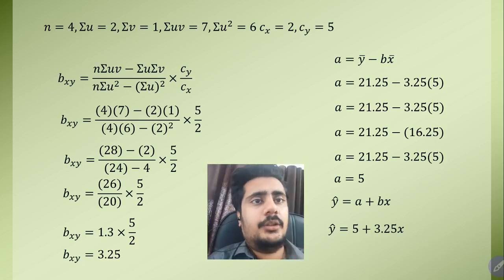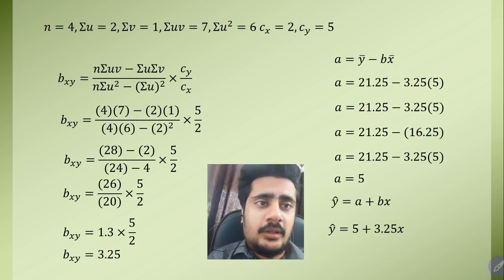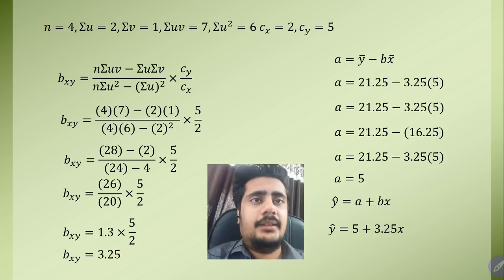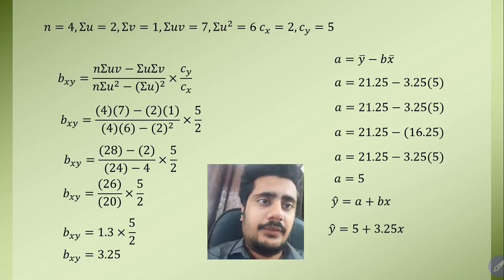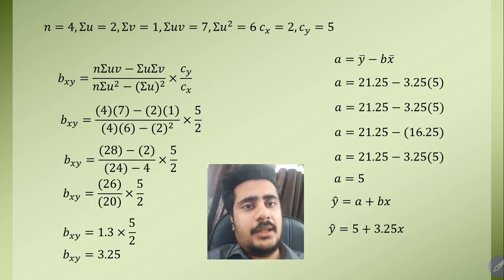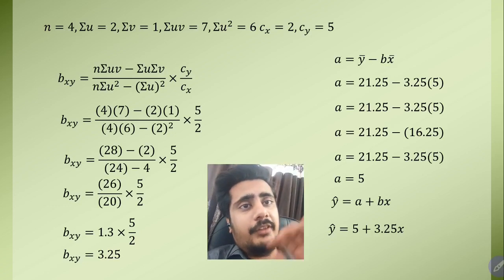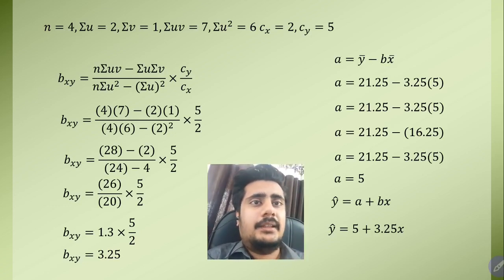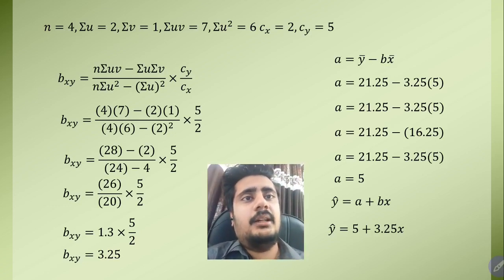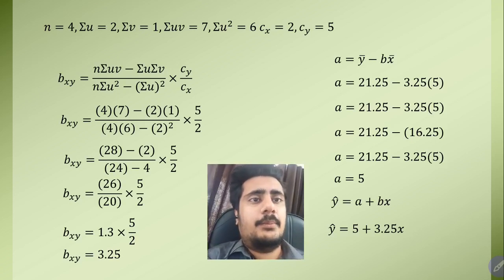So if you solve this sum with x and y without dividing, then also the answer is the same. The answer of b will be 3.25, a will be 5, y cap will be 5 plus 3.25x. But if you divide the digits, then you have to change the formula by multiplying Cy upon Cx, that's it.